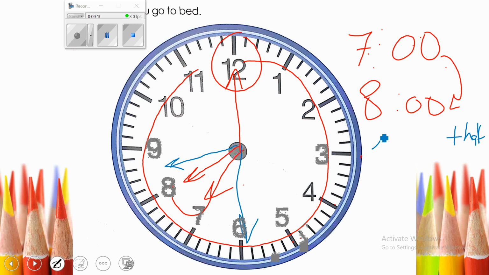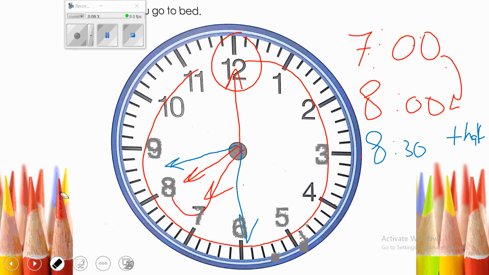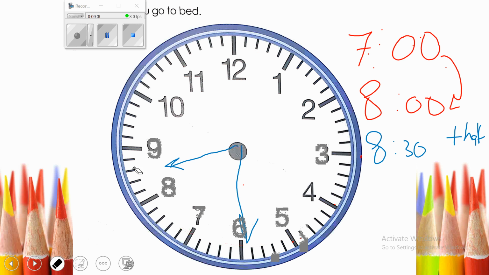So my new time will be 8 and 30 minutes. So here I'm moving with half. Let's change the color. I want you to add 1 hour.